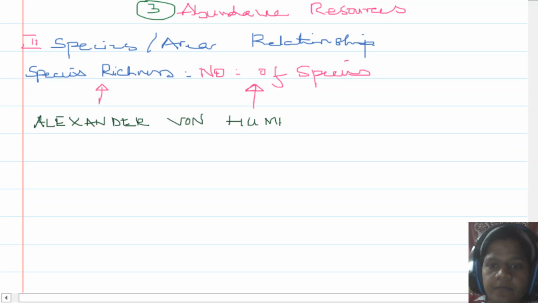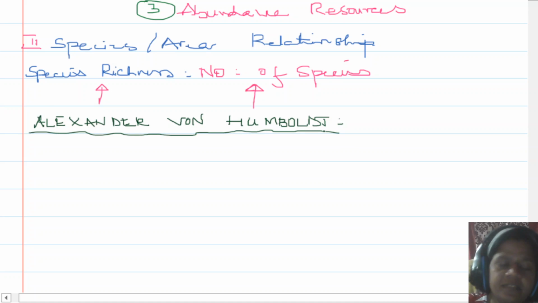Alexander von Humboldt. Now, according to him, he has done his own experiments and he concluded that when you start off, say, how do we measure the diversity? We just start counting, right? At the species level.